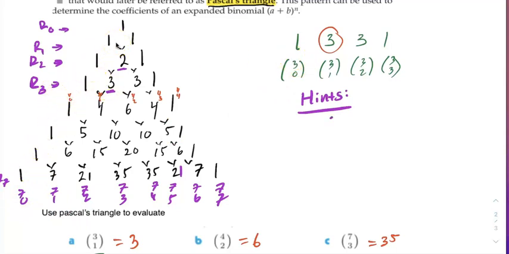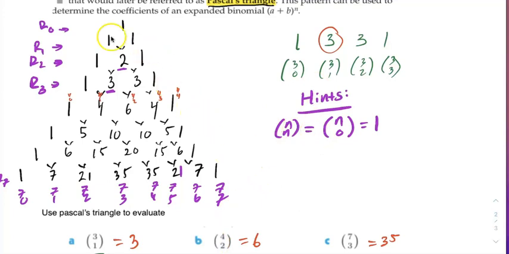So anytime you see an n over 0, no matter what number it is, it's automatically going to be 1. Another thing, the last term: 4, 4, 3, 3, 7, 7. Anytime it's a number over itself, the last term, that's also 1.